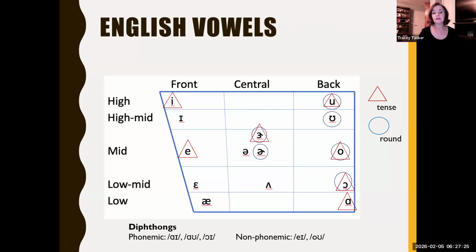So again, start memorizing, sorry, I'm losing my voice, the vowel quadrilateral and where these vowels sit. As you can see here, schwa, schwar, and the stressed component for schwar are all central.